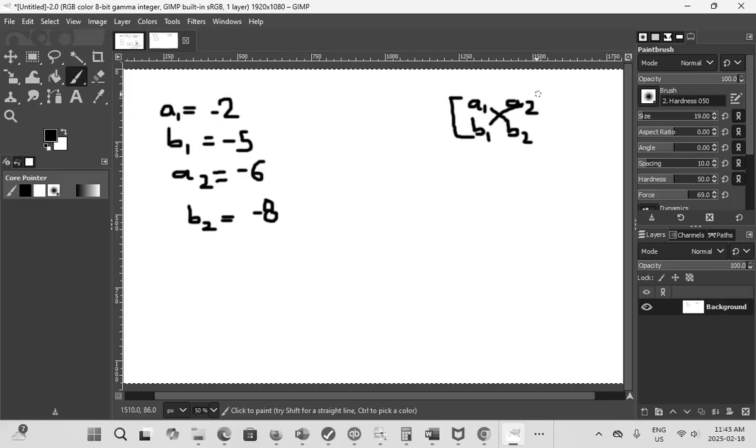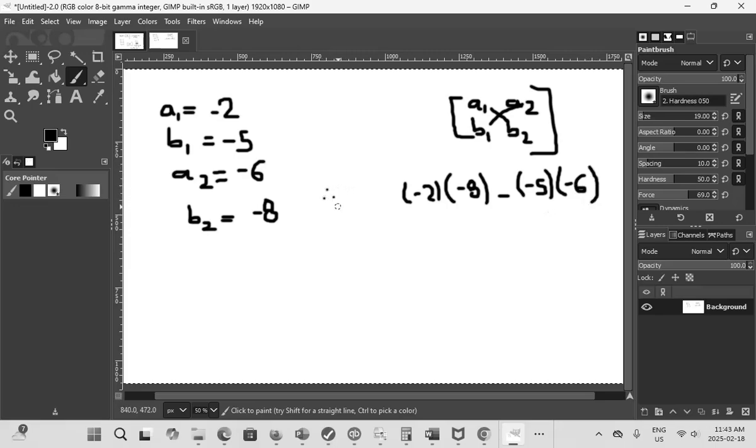So A1, this is negative 2 into B2, which is negative 8, minus B1, which is negative 5, into A2, which is negative 6.